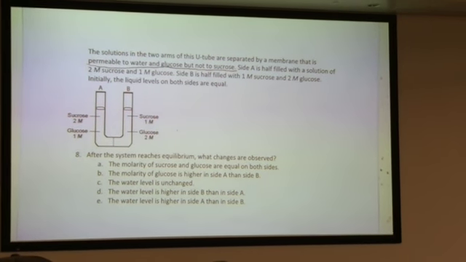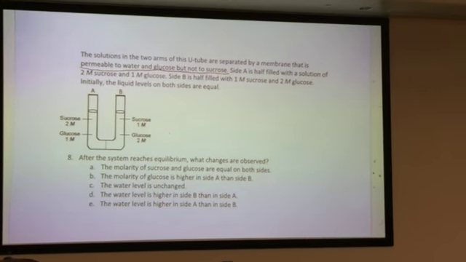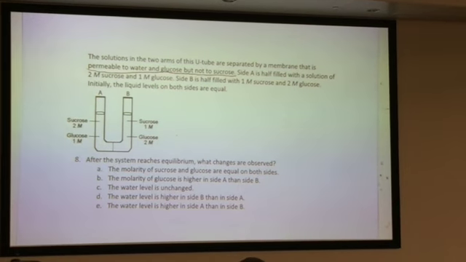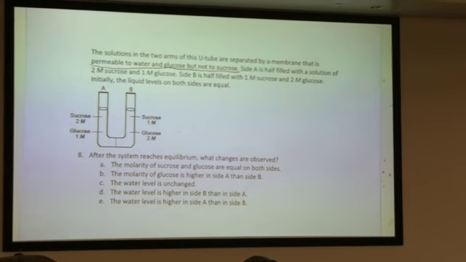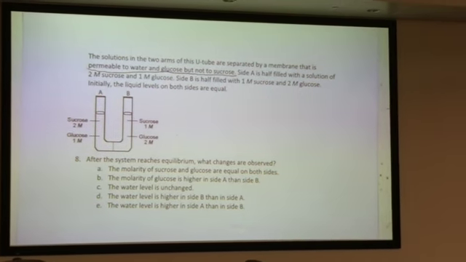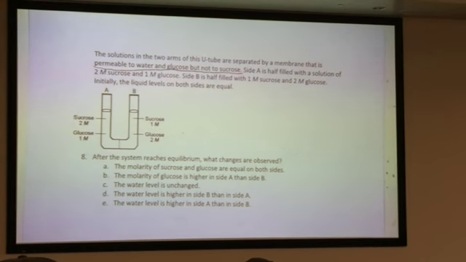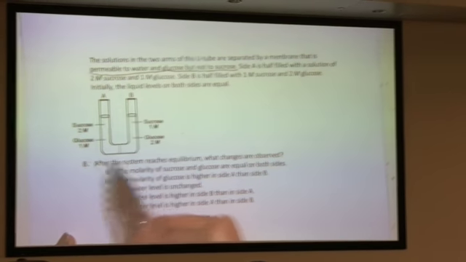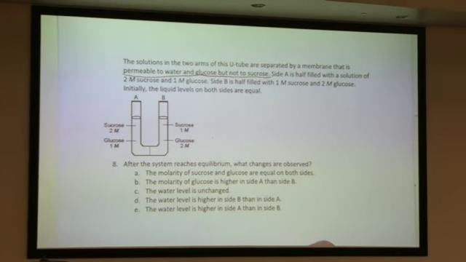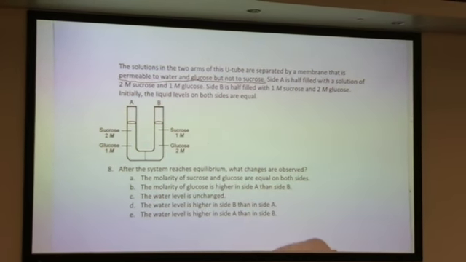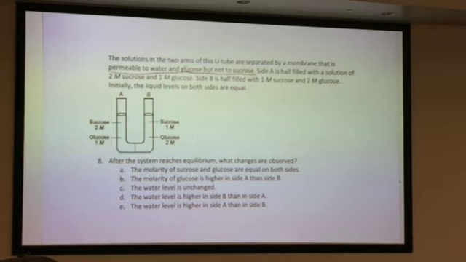So, in what direction is the glucose going to want to move, from low concentration to high concentration, or from high to low? High to low, right? So we have 1 glucose over here, and we have 2 over there. So what's going to happen? It's going to want to move to the left, right?